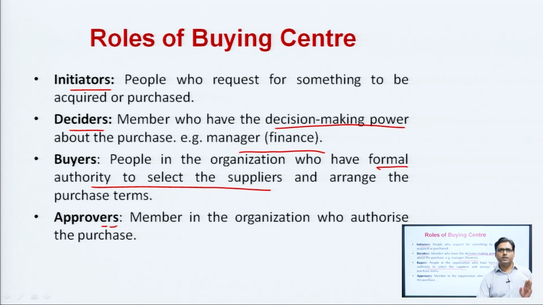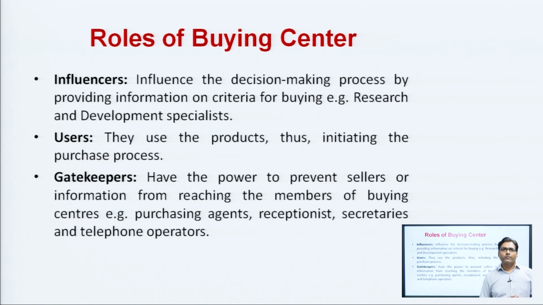It means he generally approves the purchase. Then comes the influencer. Influencers are persons or individuals or groups that may have influence over the buying decisions, like research and development specialists in the organization. If they are there, then they may influence the buying decisions.